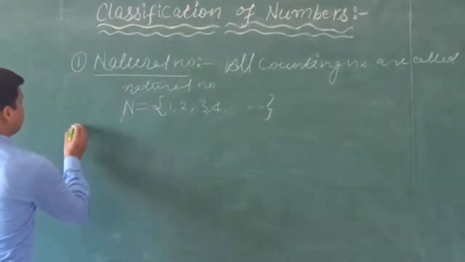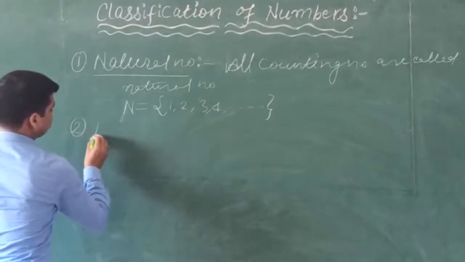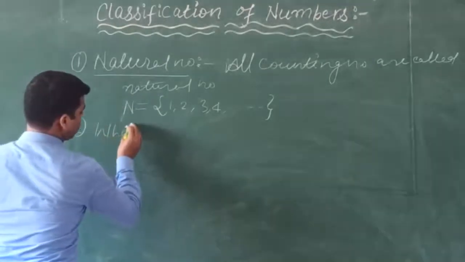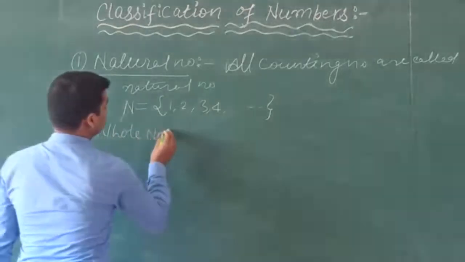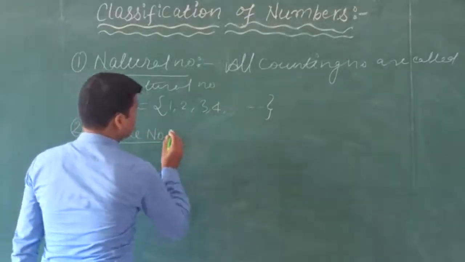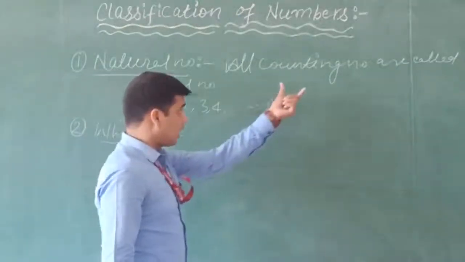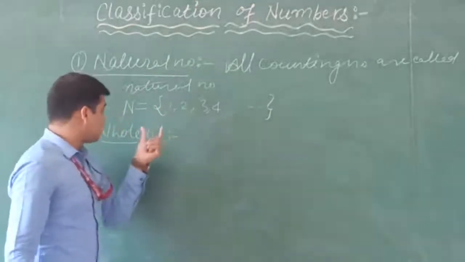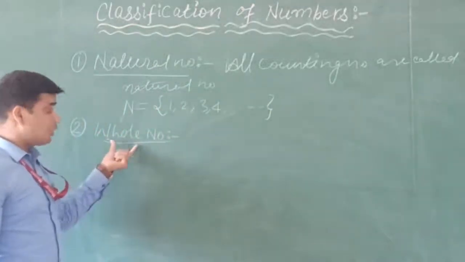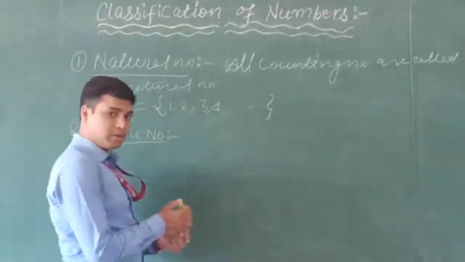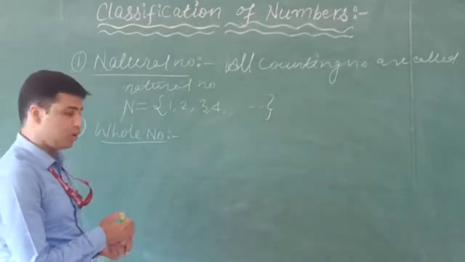Now second is whole number. Now see this, what is called whole number? All counting numbers are called natural number. So what is called whole number? Natural number including 0, means if you include 0 in natural number, then it will become whole number.